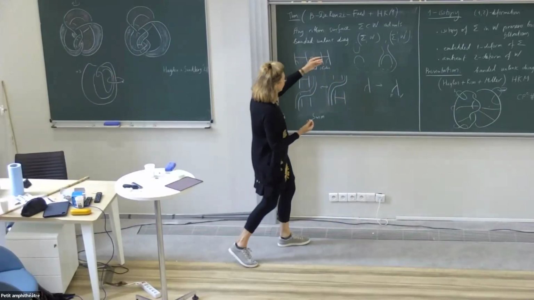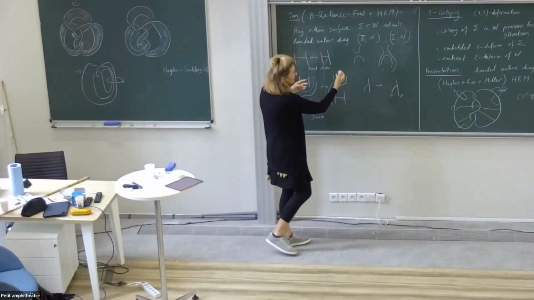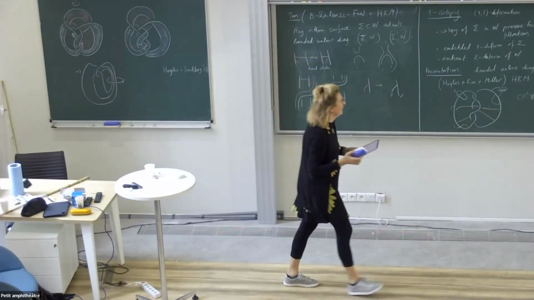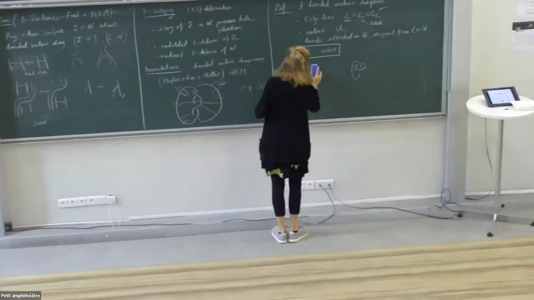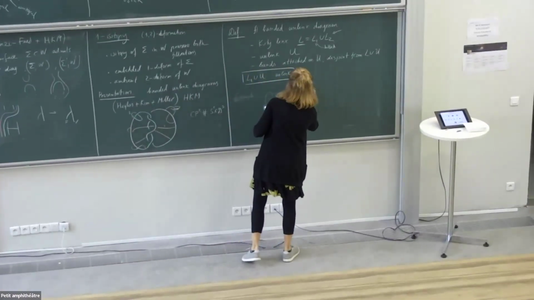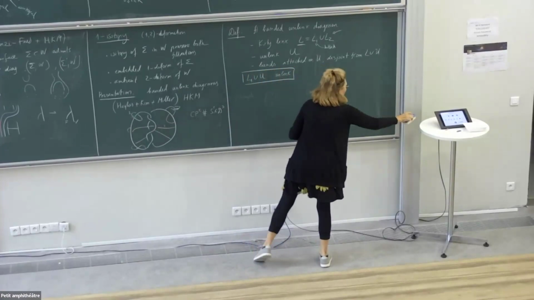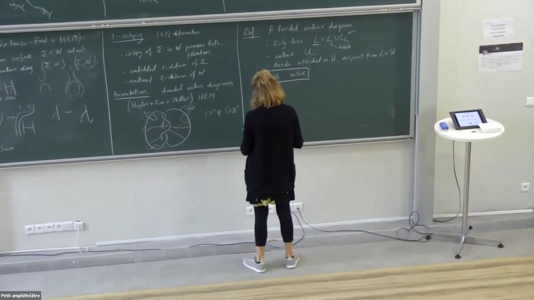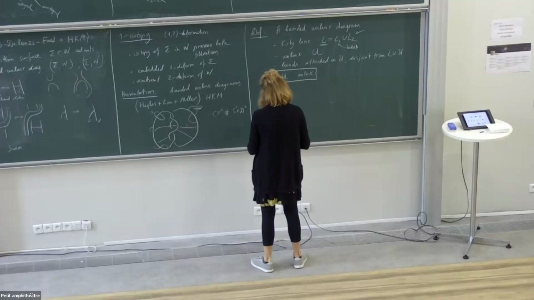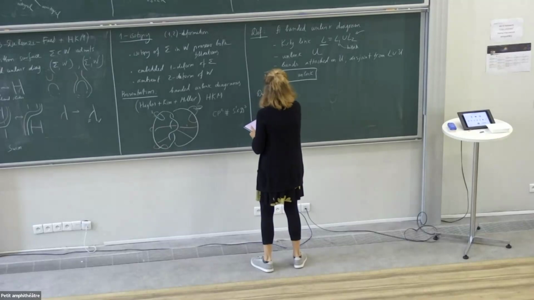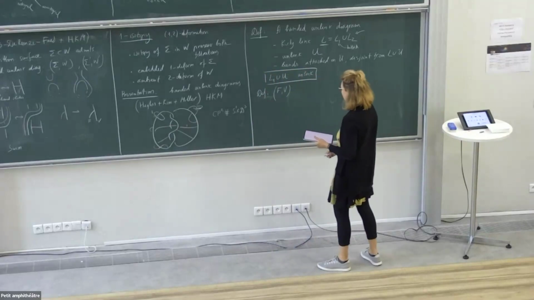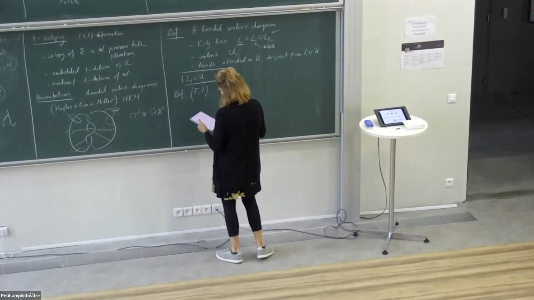And now, in order for this action to satisfy these moves, I need to define something which I'll call a banded unlink pair. The definition is that this is a pair of objects. One is the Frobenius algebra, and the other is the object, the F module.